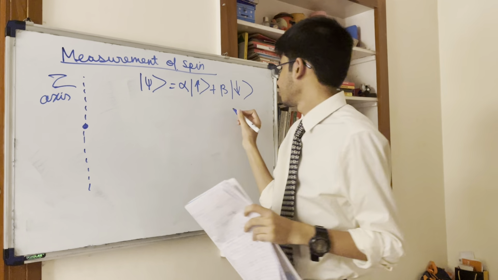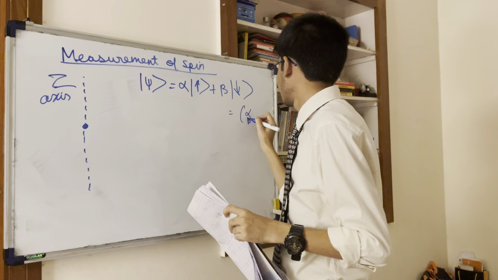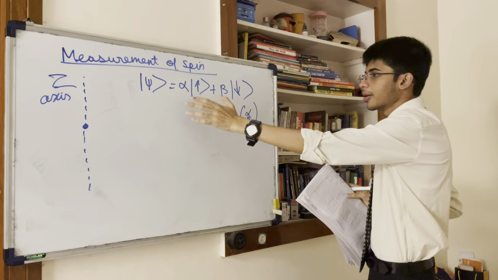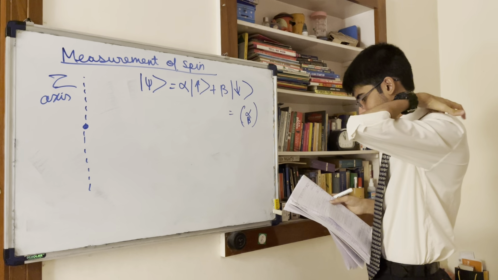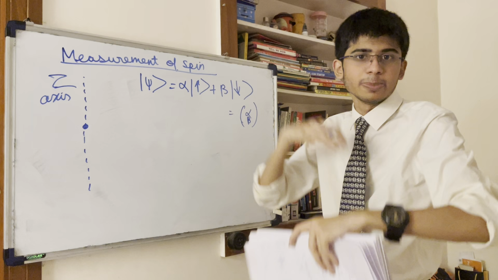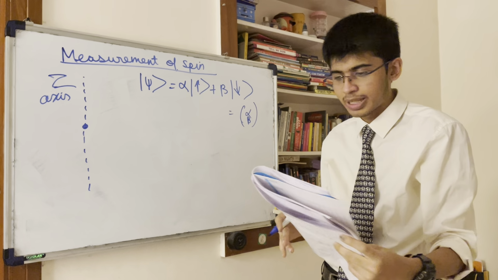Now if I write it like this, there's something called the probability of it being spin up, the probability of it being spin down.